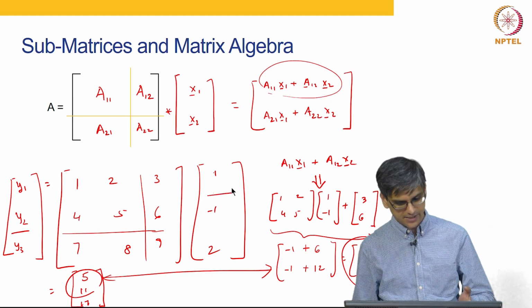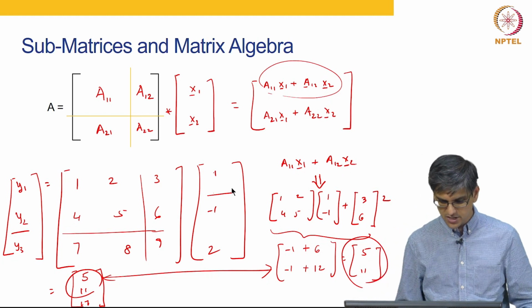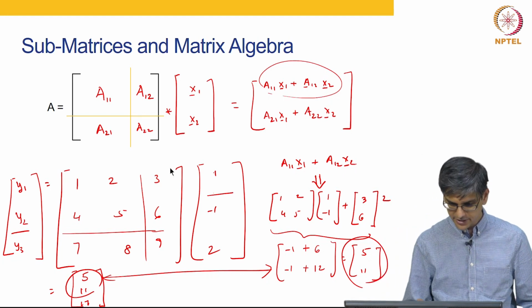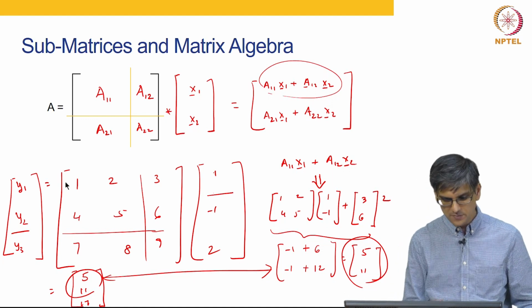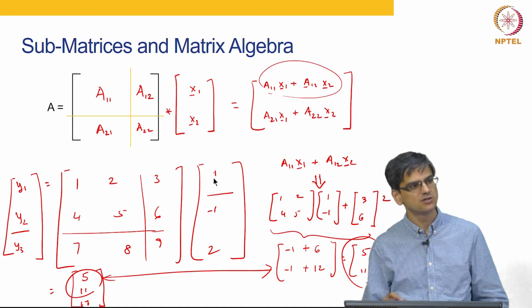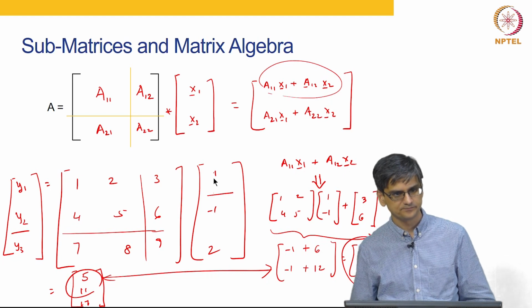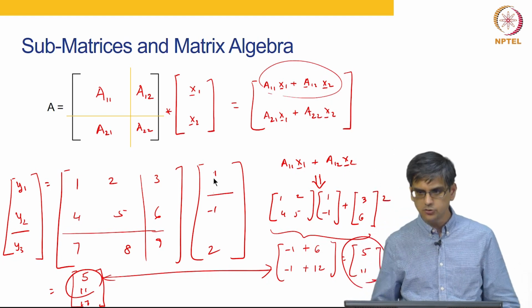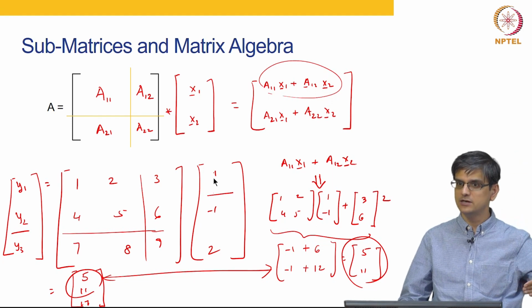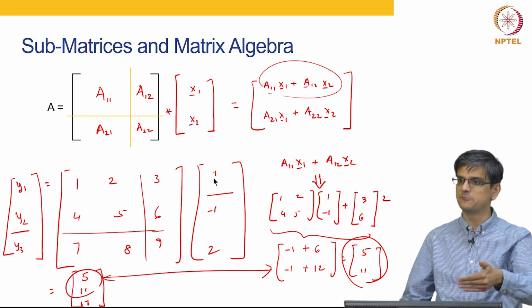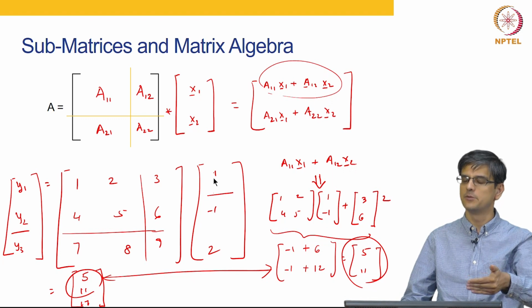In that case, you won't be able to multiply A12 with x2. You will be able to multiply A11 with x1 because x1 is a scalar. But A12 you can't multiply by x2, because a 2 by 1 cannot be multiplied by a 2 by 1 matrix.